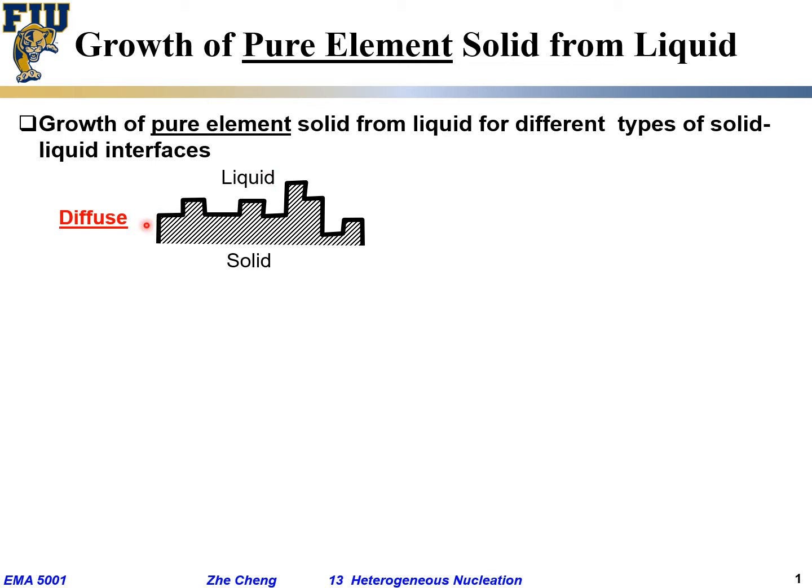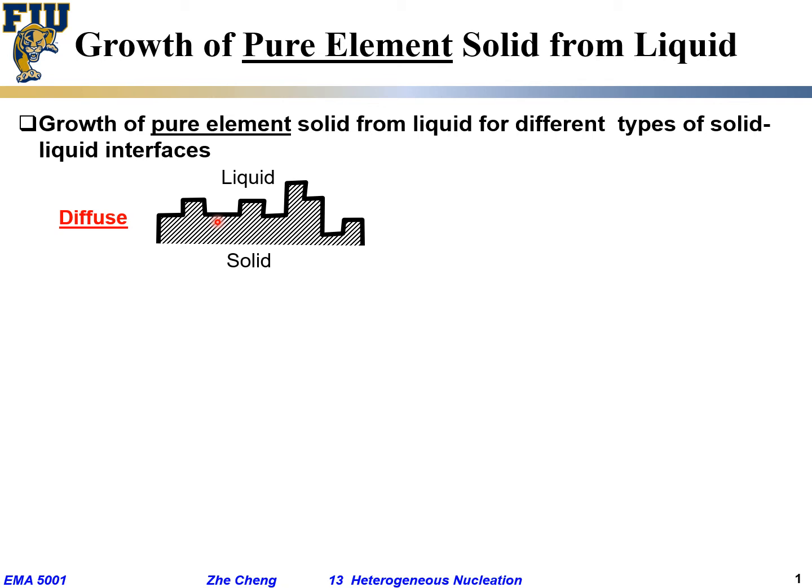One type people call diffuse interface. One side solid, the other side liquid. Diffuse means at the atomic scale the interface is zigzagged. One atom up, one atom down, another atom up, another atom down.